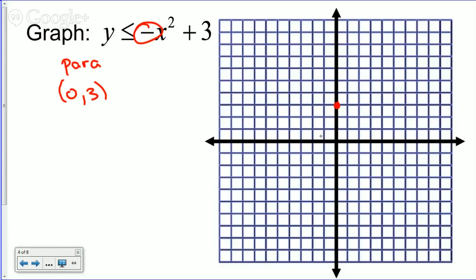We'll graph a few other points. I know there's a point, there's a point, in this direction and this direction. How do I get those? Well, I know that the parent function goes through 0, 0, 1, 1, and 2, 4.